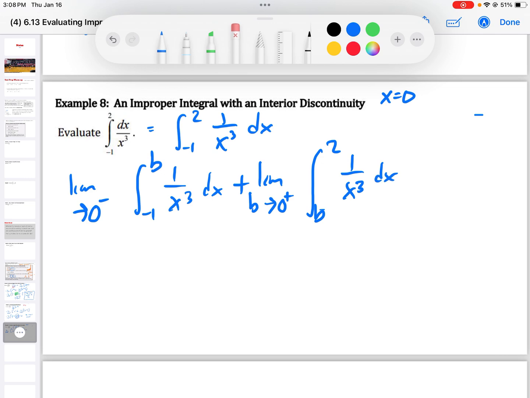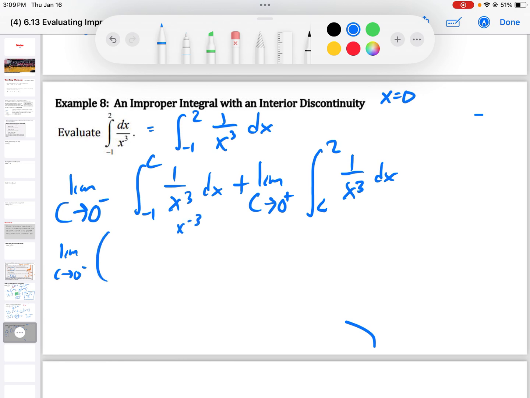So we could call those B's, we could call them A's, and I might actually go back and call them C's just to make it a little bit more clear. It's just some number in between. We usually call A the lower limit, which is negative 1, and B the upper limit. But in this case, since they're using both of them, we're going to call it C. All right, so we're going to do each one. So this would be the limit as C approaches 0 from the left.